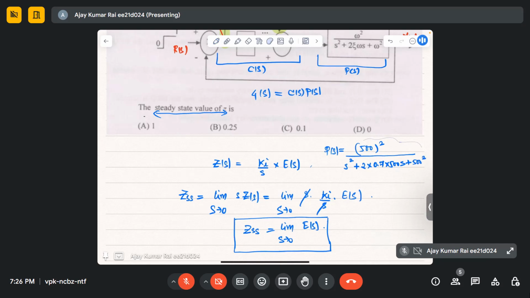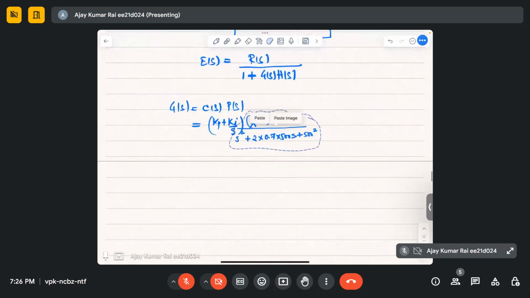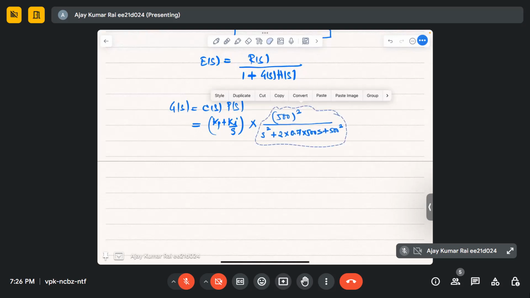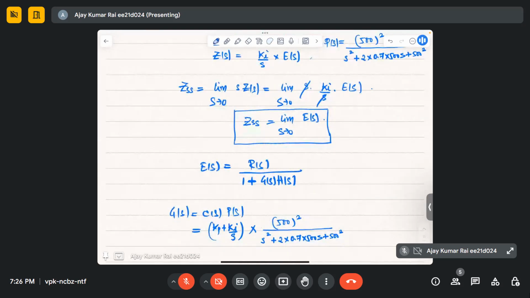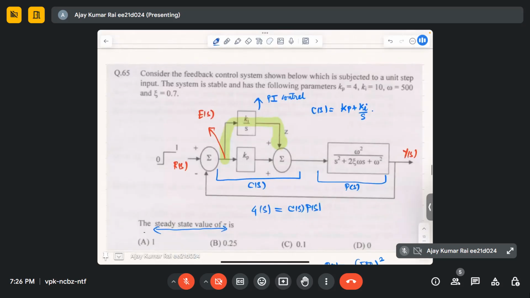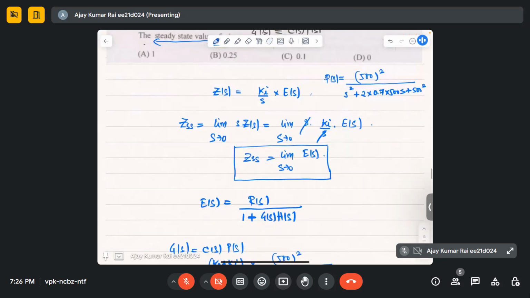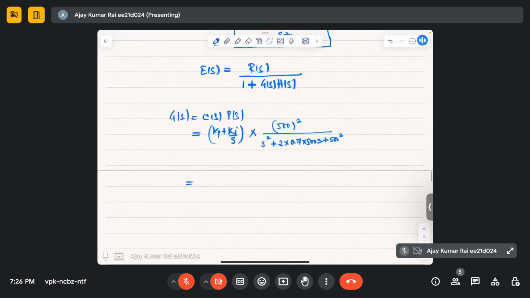Okay, let me use this value. Okay, and what is Kp and Ki? Kp value is given as 4 and Ki is 10. Okay, so this is 4 plus 10 by S, into 500 square. Okay, so this is given.